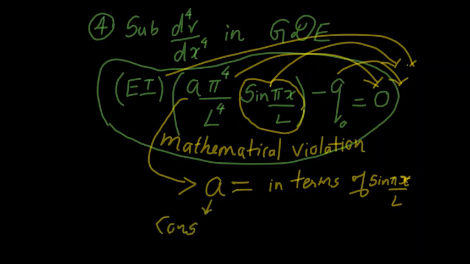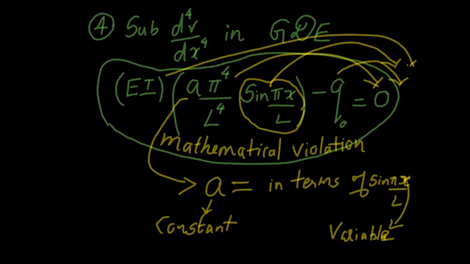If it is a constant, it should not change with respect to position. Whereas if you look at the right hand side, x is a variable. It represents an arbitrary distance. When x is equal to L/2, you are localizing your attention at the center of the beam.